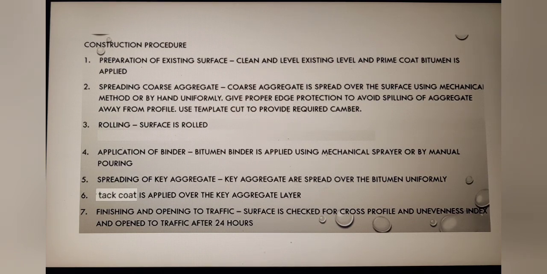After the surface course, you have to apply the seal coat. Seal coat is the topmost layer provided. So in the sixth step, seal coat is applied over the key aggregate layer. Key aggregate layer is the surface course. You have to make that correction.